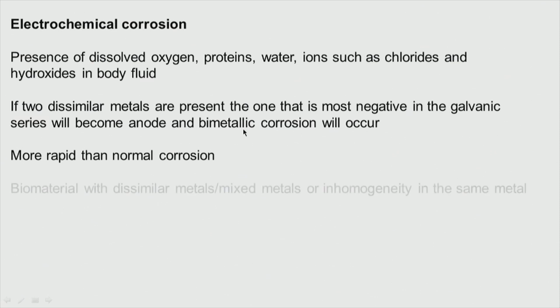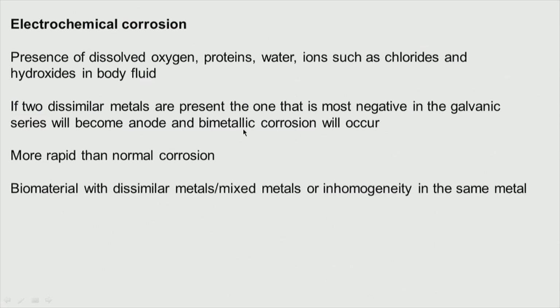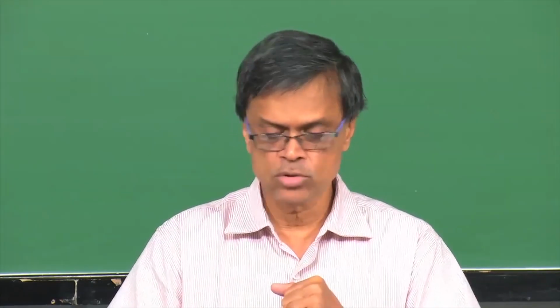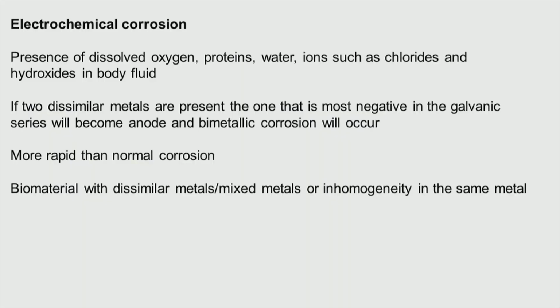This corrosion is much more rapid than the normal. This happens in biomaterials with dissimilar metals, mixed metals, or even inhomogeneity in the same material. So, if you have alloys, cobalt, chromium and so on, with inhomogeneity, one could be acting as anode, the other as cathode, and there could be current flow and galvanic corrosion.